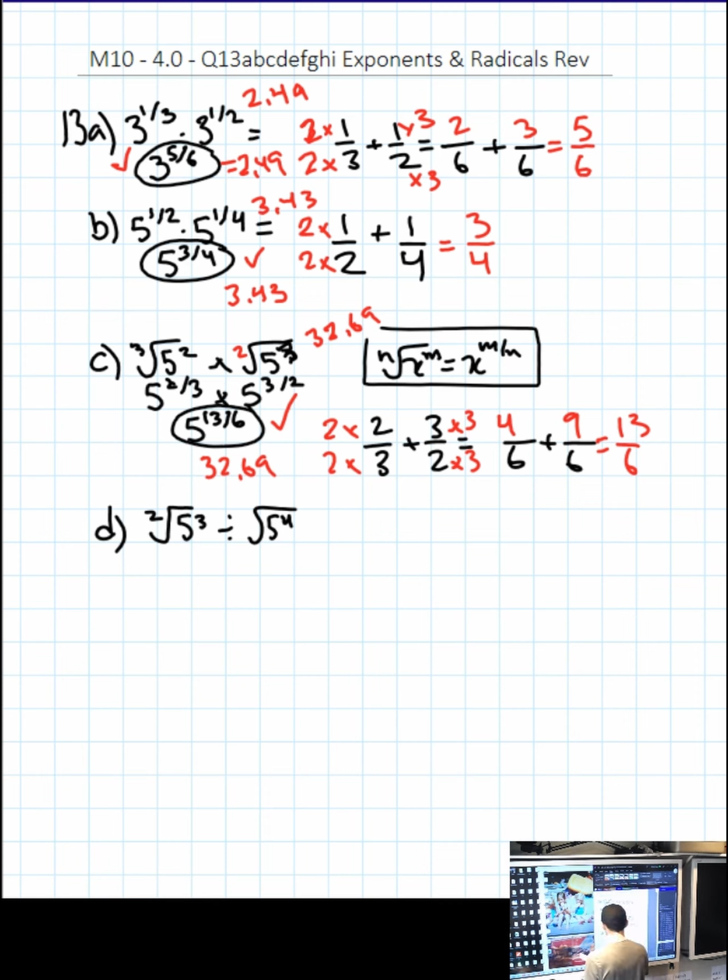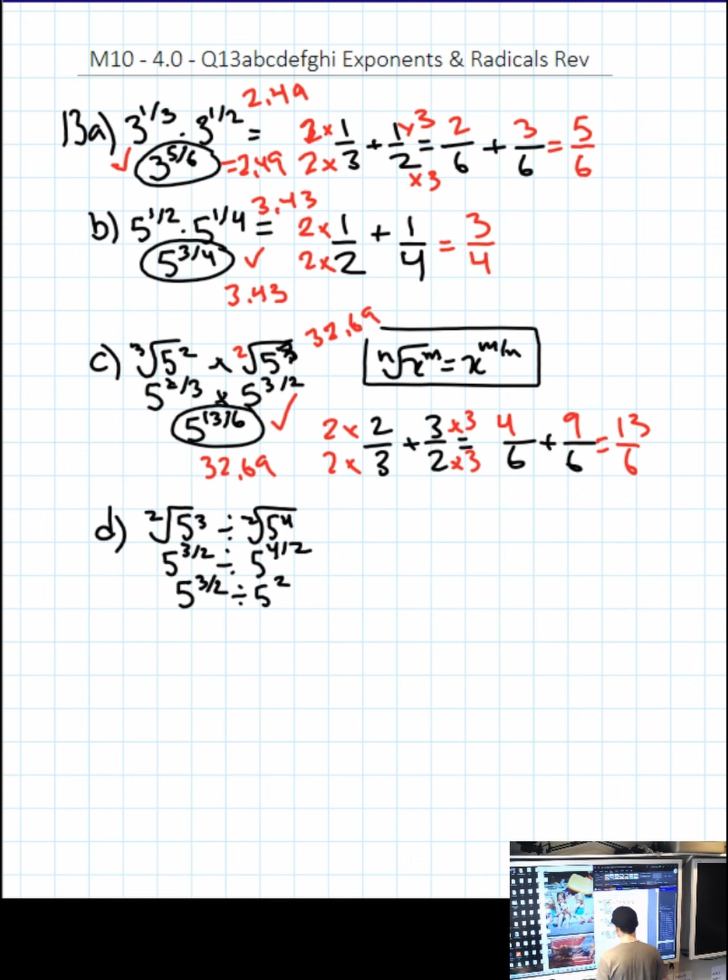So we have 5 to the 3 over 2 divided by the square root of 5 to the 4, which is going to be 5 to the 4 over 2. Now, notice I'm going to clean that up a tiny little bit. Now notice 4 over 2 is just 2. So why not do that first? So we're going to have 5 to the 3 over 2 divided by 5 to the 2.